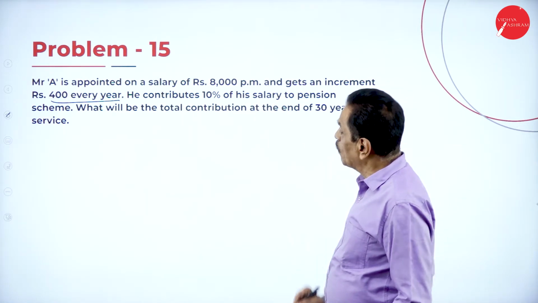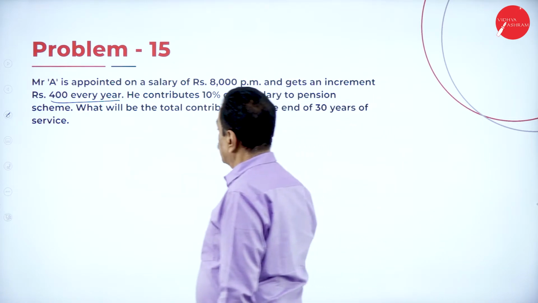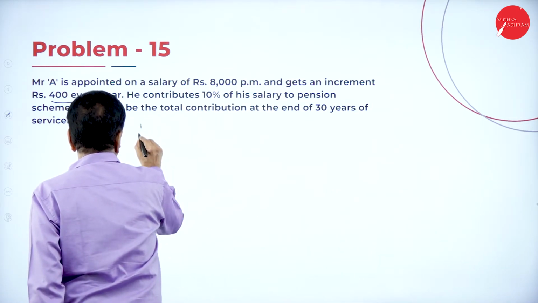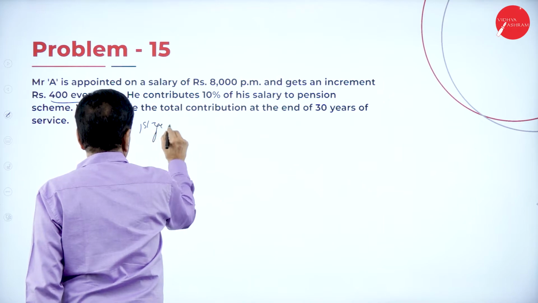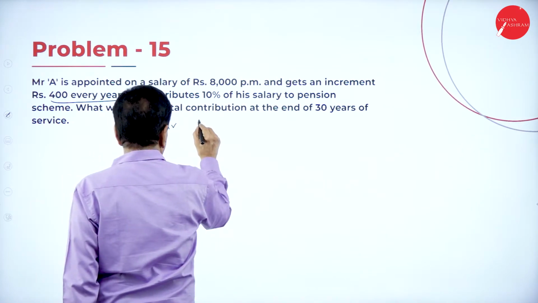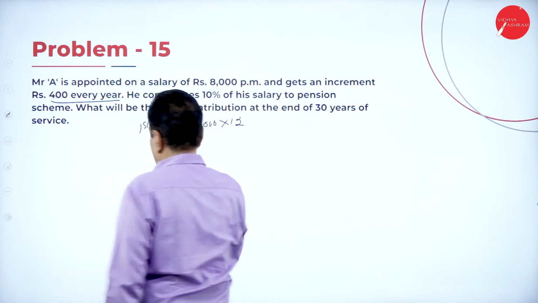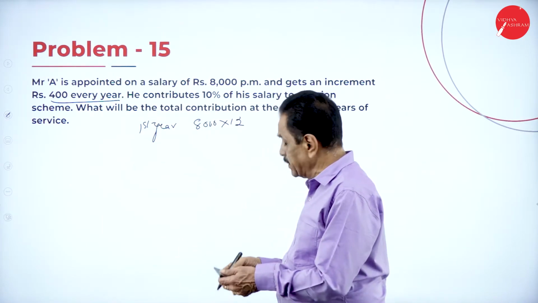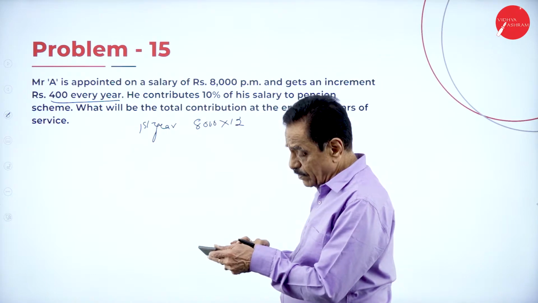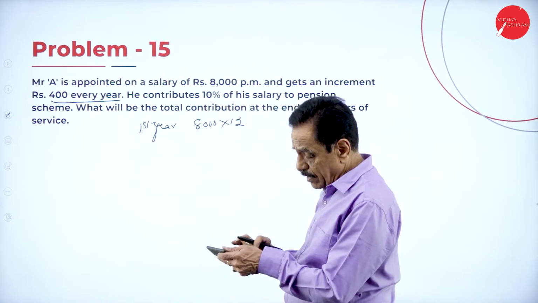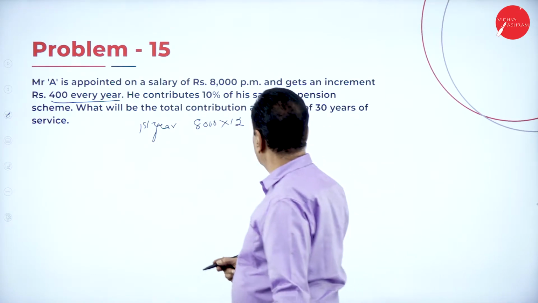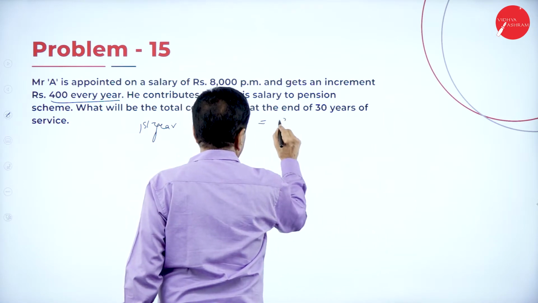Per month is 8,000, so in the first year, 8,000 into 12 is 96,000.